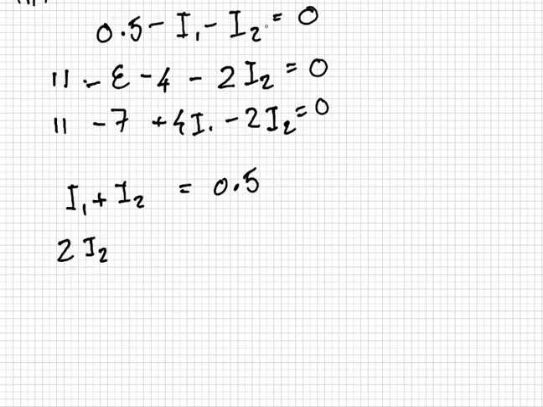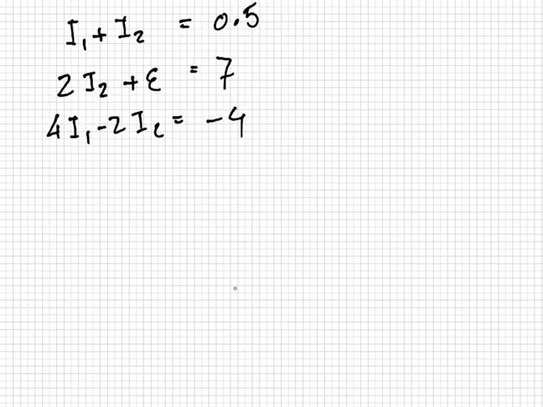If I take everything to the right, plus E, 11 minus 4, 7 equals 7. Because I took the E and the 2I to the right. And then this one here, 4 I1s, minus 2 I2s equals, now this here will be 4, but when I take it to the right, minus 4.